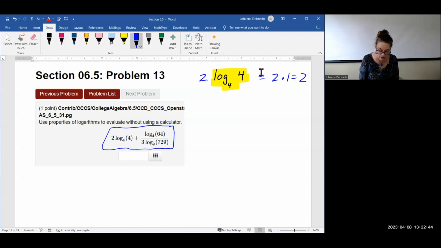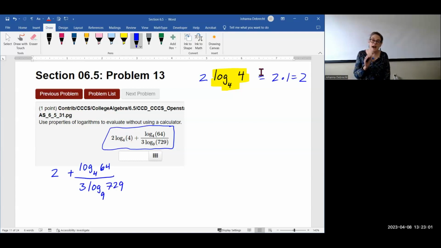So this problem has now simplified to 2 plus the log base 4 of 64 divided by 3 times the log base 9 of 729. Right? Now, notice I did not push the 2 inside. You can, that's okay.